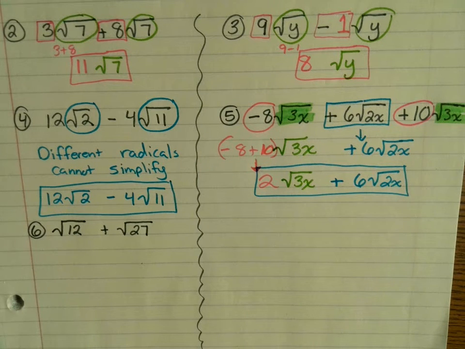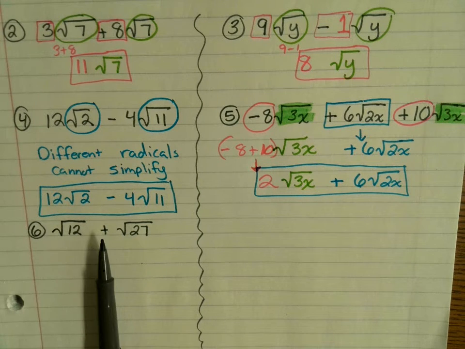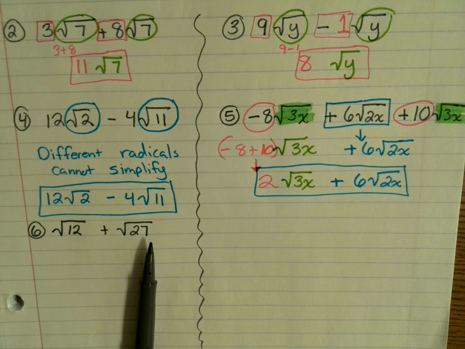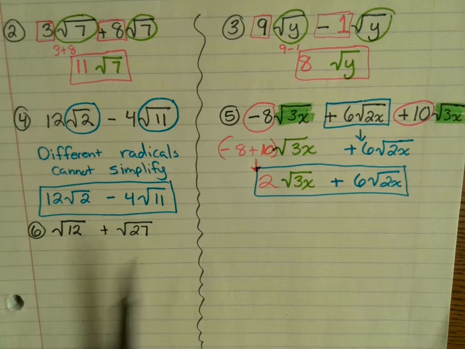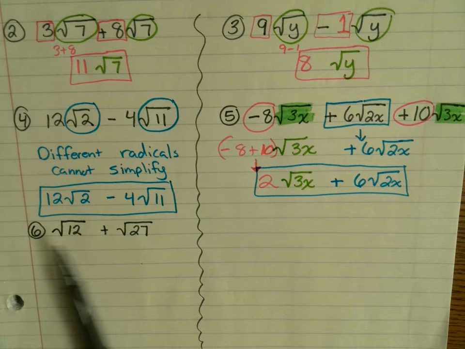So here, number 6, we've got the square root of 12 plus the square root of 27. Right off the bat, are these like radicals? Yes or no? No. Looking at them right off the bat, I can tell they're not like radicals, but they actually are.